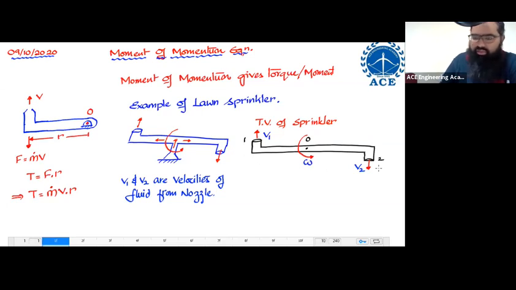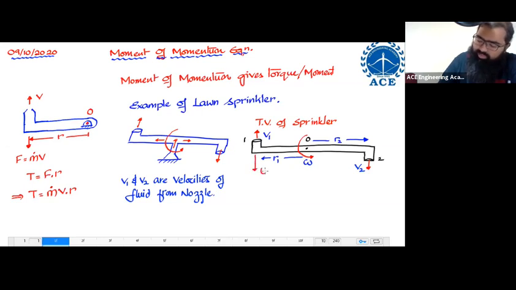Accepted. Now, by virtue of this omega, what happens? Let us say this distance over here is R1. This distance over here is R2. Now, this nozzle 1 is going to develop certain velocity.